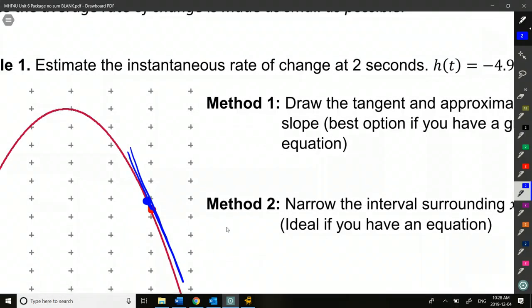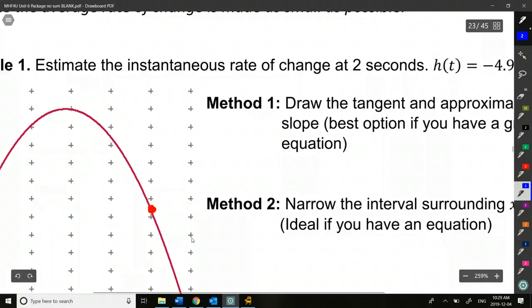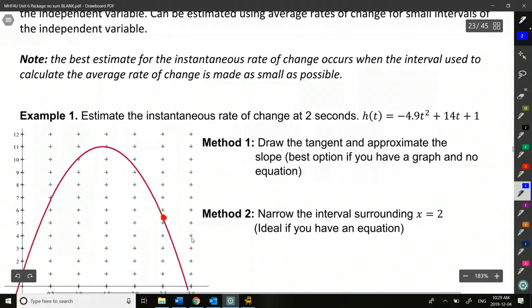So if I make the interval of my average rate of change so small that these 2 points are super close together, hopefully the slope of the secant between that small interval will be close to the slope of the tangent.